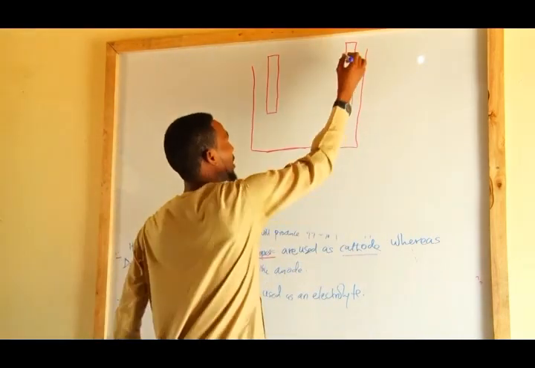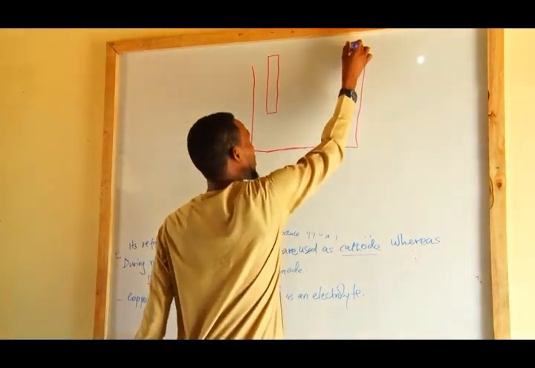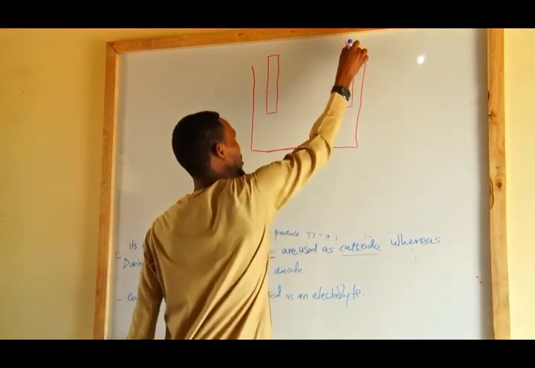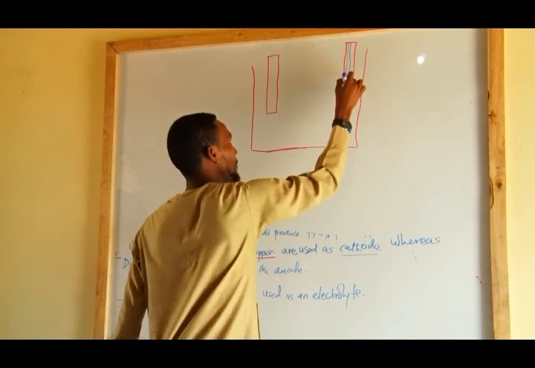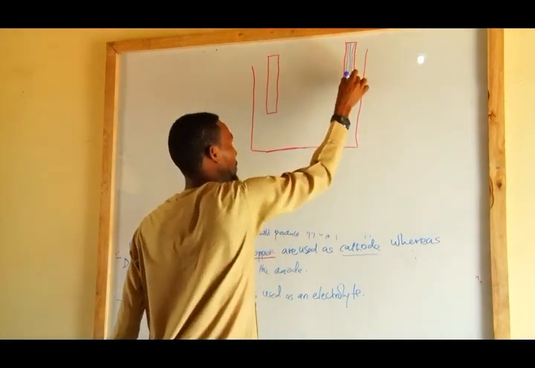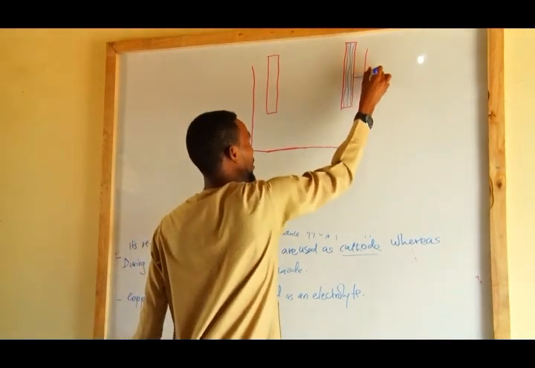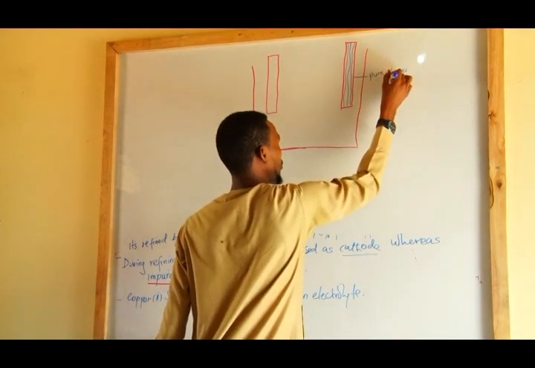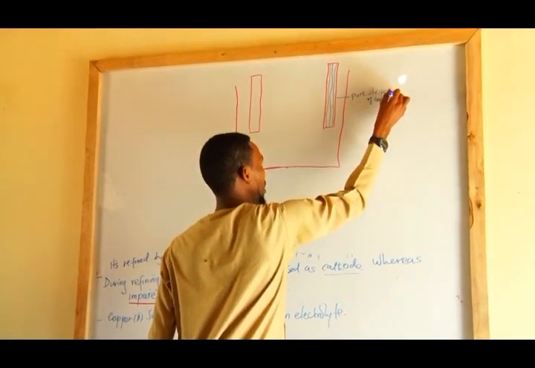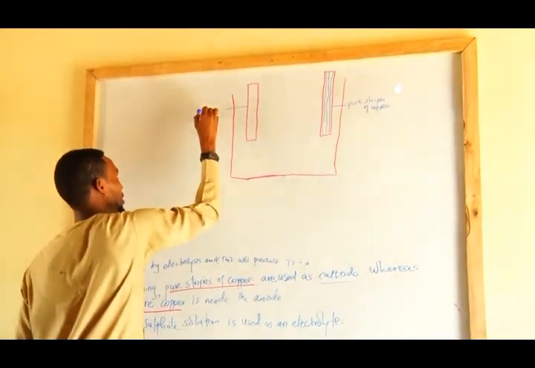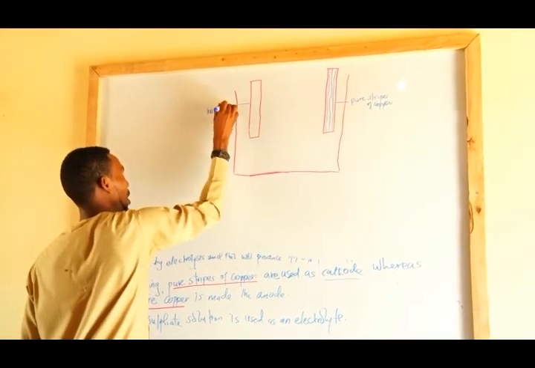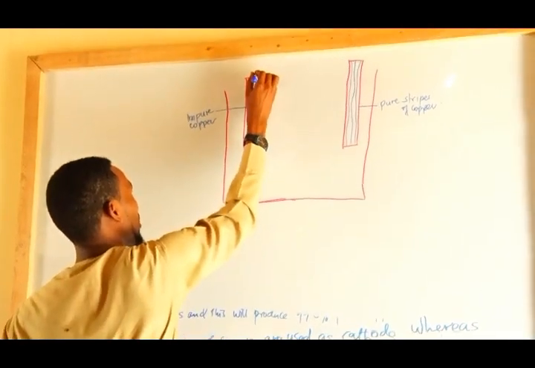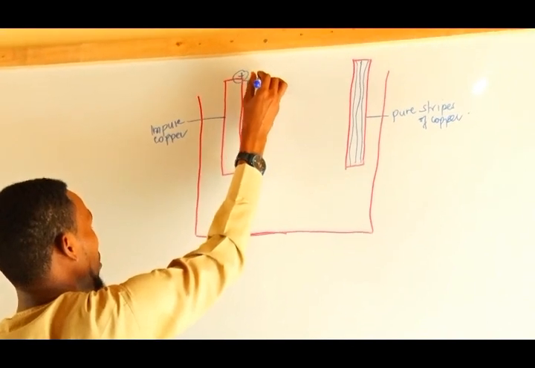So remember we said this is pure stripes of copper. This is impure copper. Yes. This is our anode.